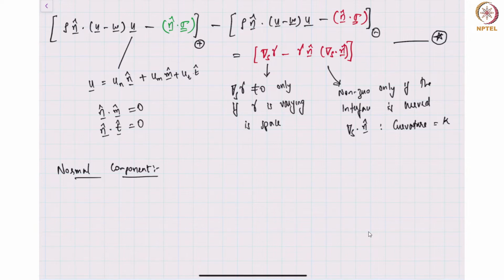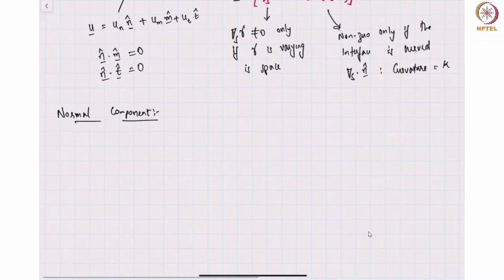So only the normal component un of u will survive when I take the dot product of this entire equation star with n. Let's take the dot product with n and see what happens.